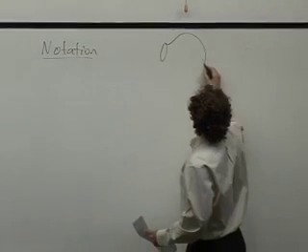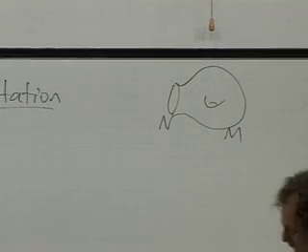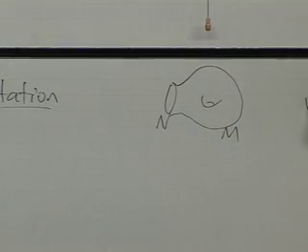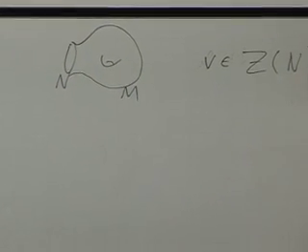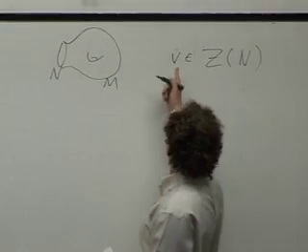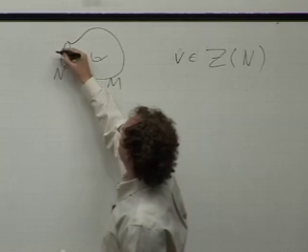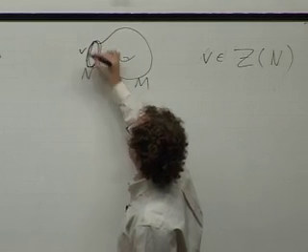Suppose I give you such a picture. Here's my M with boundary. Its boundary is called N. And suppose I give you a V, an element in the vector space of the boundary. I can think of this as a label. I'm going to think of labeling this boundary, N, by the vector V.